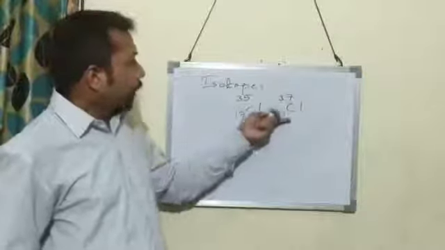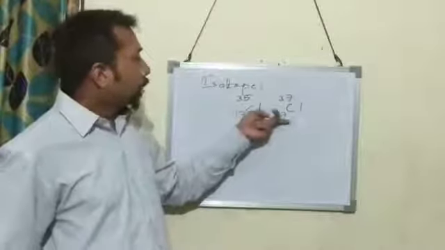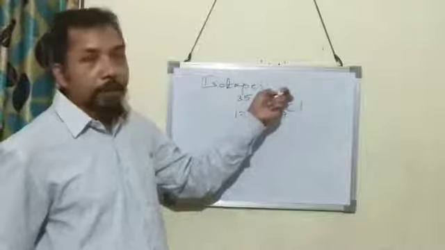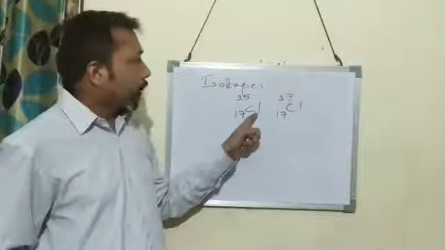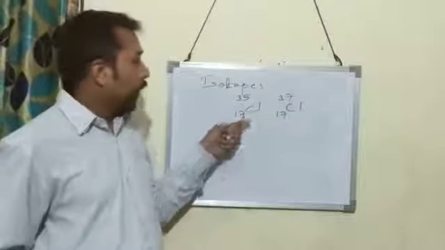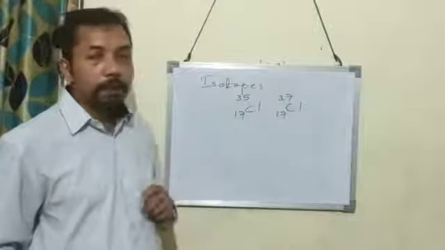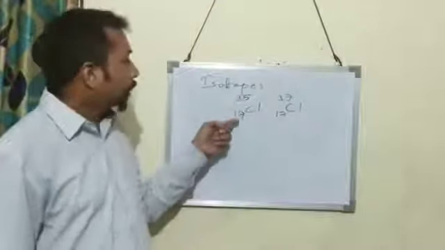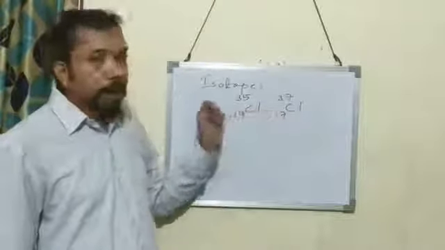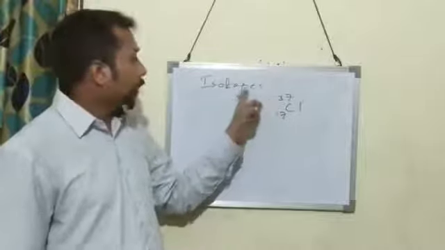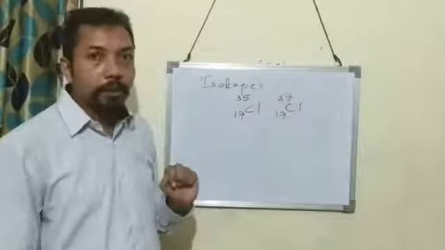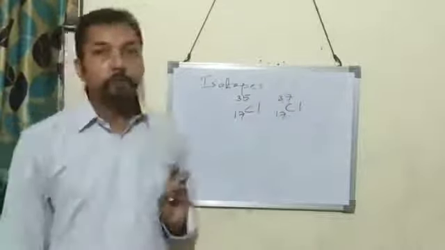The atomic number is same in both the atoms, but the mass number is different. So isotopes are the atoms of the same element having same atomic number but different mass number. Or we can say atoms of the same element having same number of electrons and same number of protons but different number of neutrons. That is called isotope.